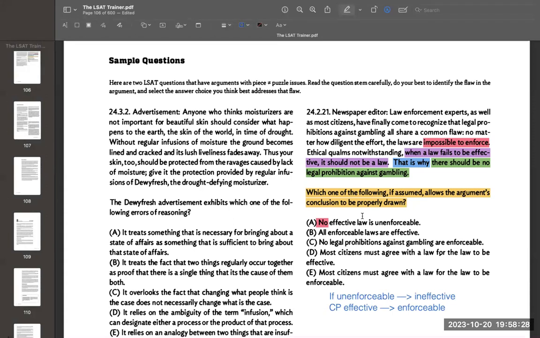And one way to deal with that is to recognize that that's going to indicate a relationship of sufficiency. So a law being effective must guarantee something. And in this case, what does it guarantee? Well, it guarantees that that law is enforceable. If it's effective, it's going to be enforceable.